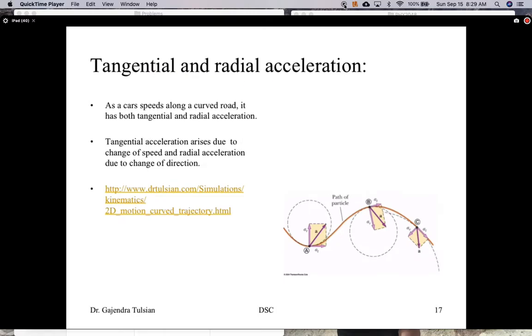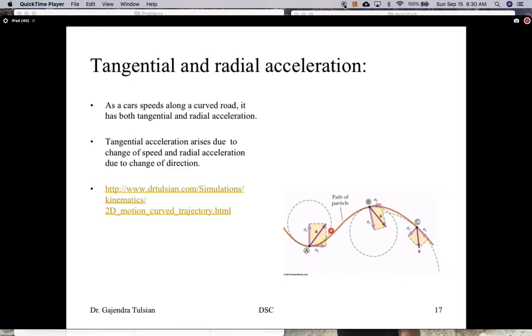Now, if you go to this simulation, you can see an object traveling along a curved path, and you can give it a tangential acceleration. A tangential acceleration means its speed is changing. And if it's going around a curve, then the direction of the velocity vector will also change, and then you'll have a radial acceleration.